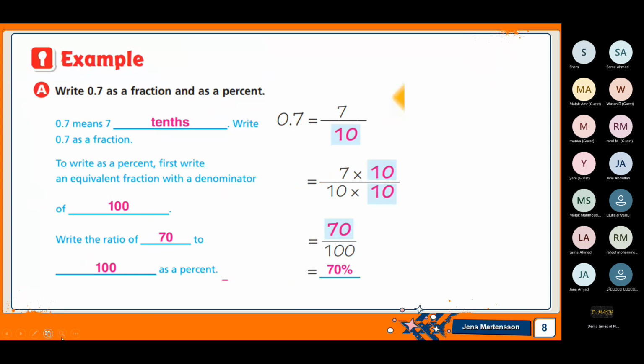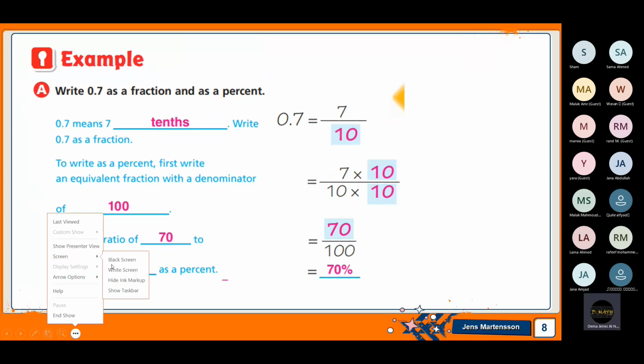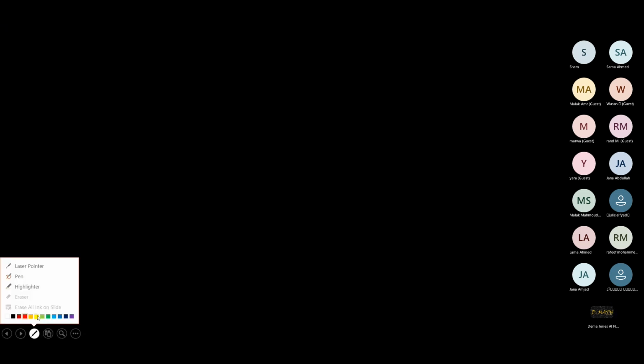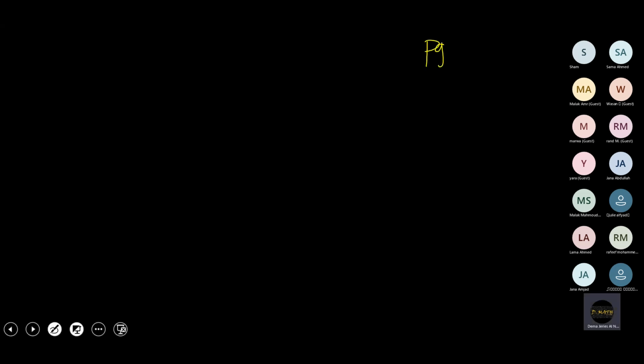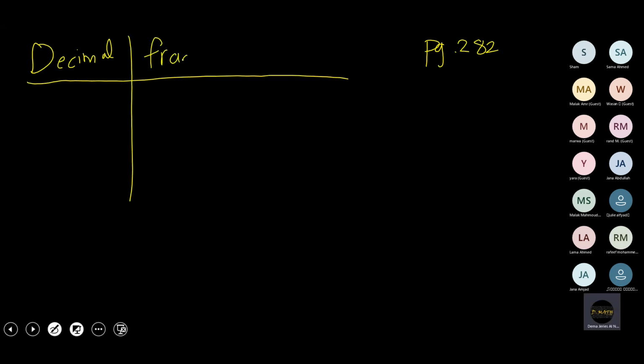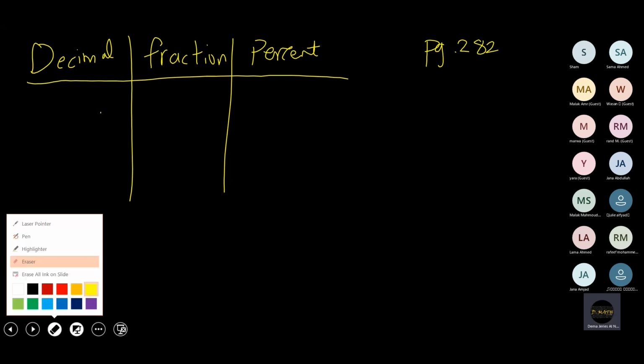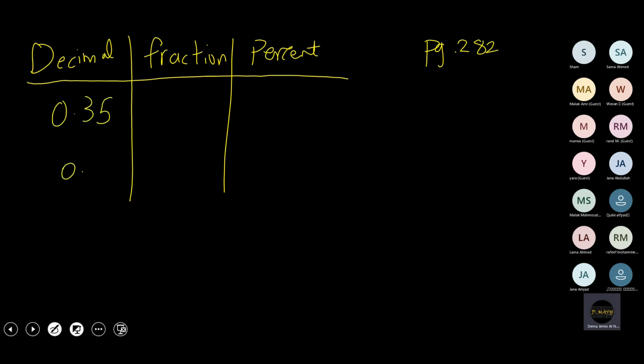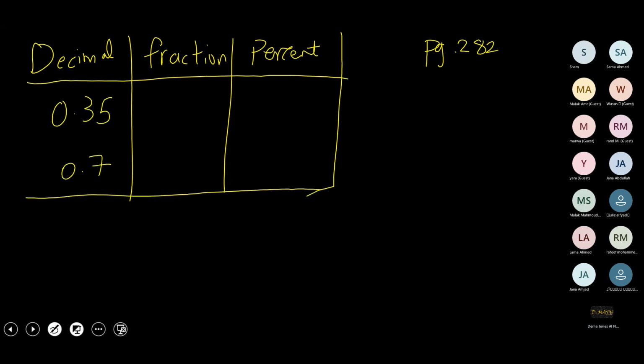Here now, what do we have? On page 282. Now, before that, I told you, if you have a decimal and a percent, like 35%, or I'm sorry, 0.35 or 0.7, these are decimals.